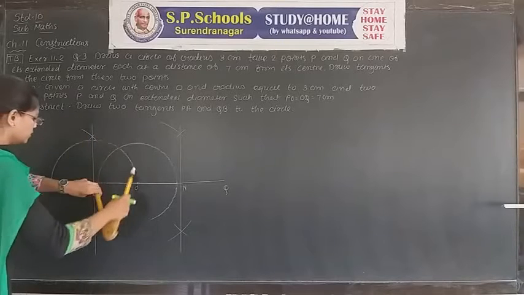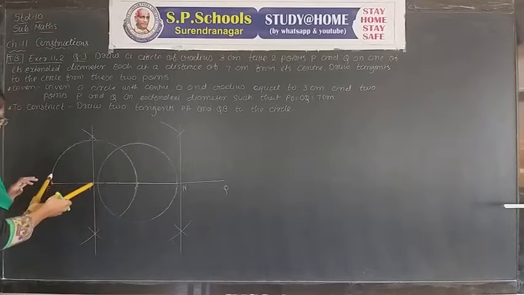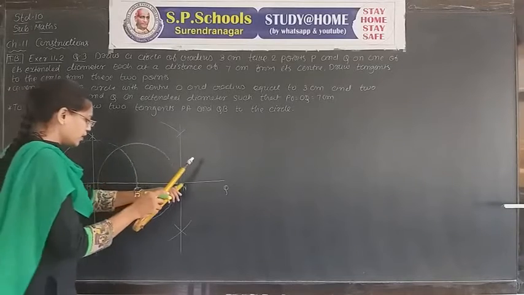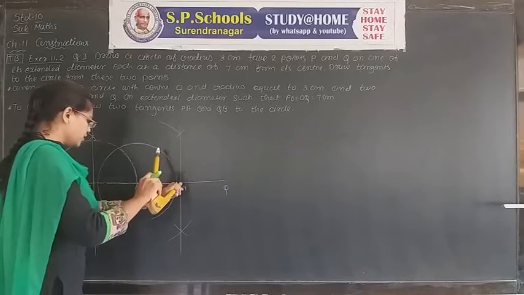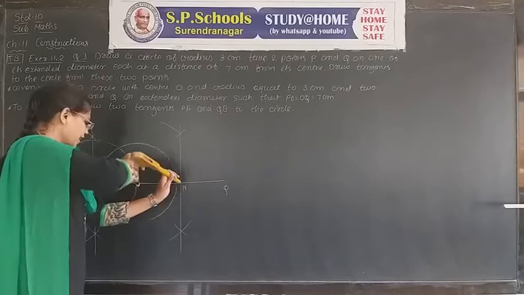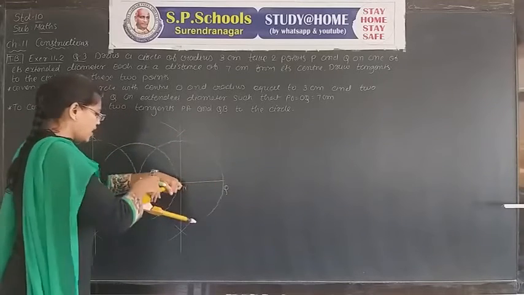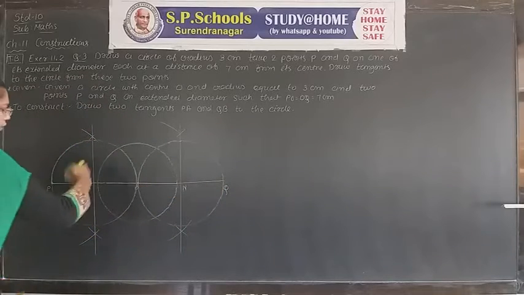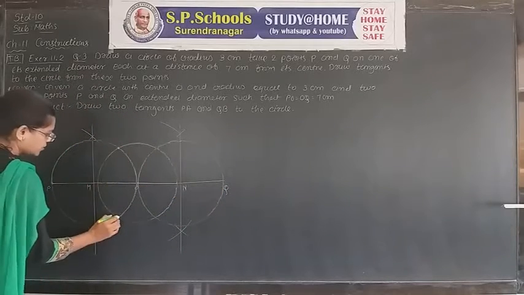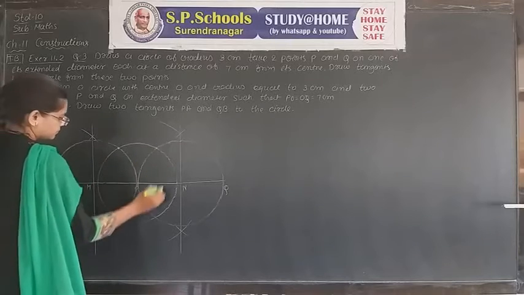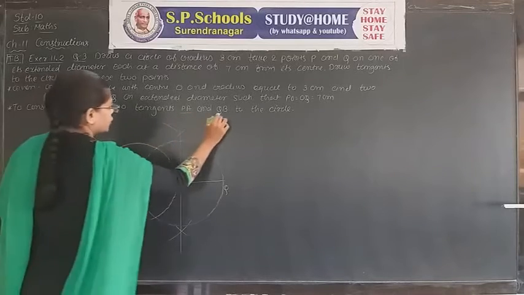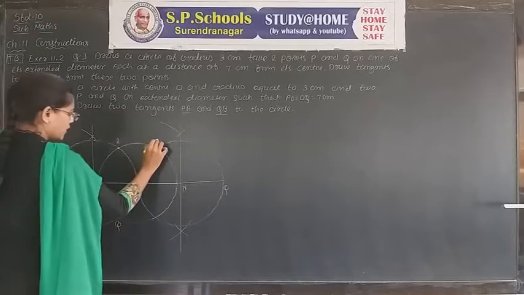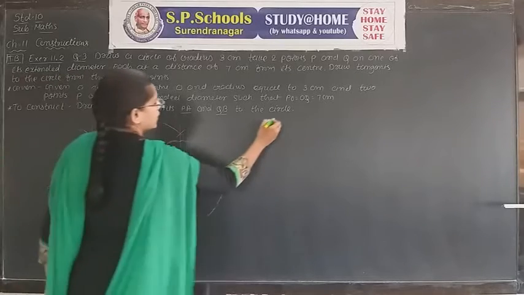Draw a circle which passes through the points P and O. In the same way, taking N as center, there is no difference in radii because both radii are equal, and the circle passes through O and Q, which intersects the previous circle at points X and Y.